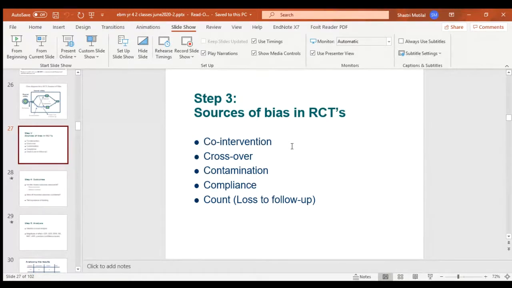I don't know if you all know, but a 300-calorie diet is borderline starvation. It's like not really eating much food. So of course those patients are going to lose weight, but not because of the HCG injection. They're going to lose weight because of the other treatment they got, the 300-calorie diet. So co-interventions could invalidate the results of a trial.